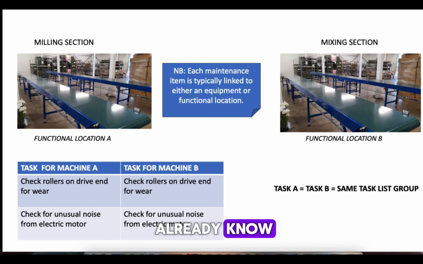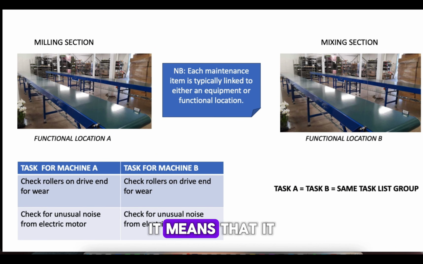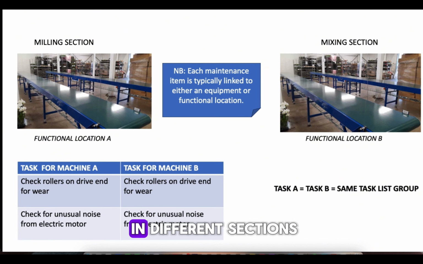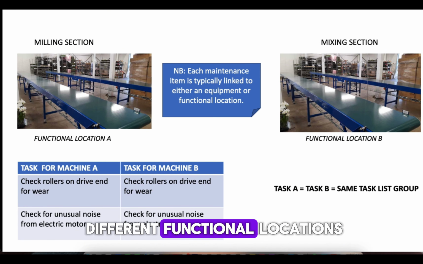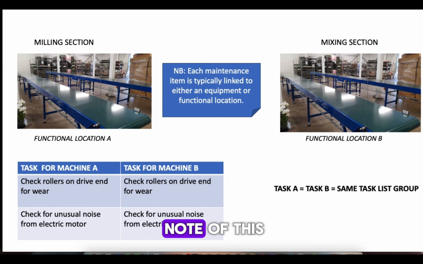Like we already know, functional locations are placeholders, they are identifiers. It tells where that machine is located. So if we're having two similar belt conveyors sitting in different sections, they will be having different functional locations.